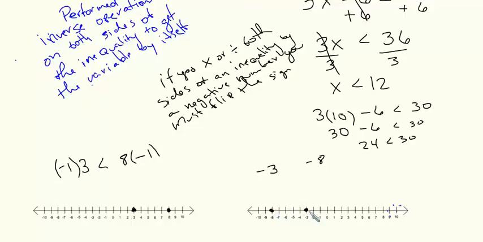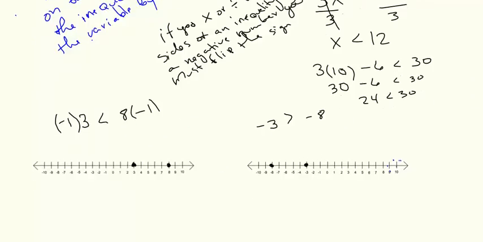So negative 3 is larger, it's greater than negative 8. So I had to flip my symbol from less than to a greater than symbol when I multiplied both sides of the inequality by a negative number.